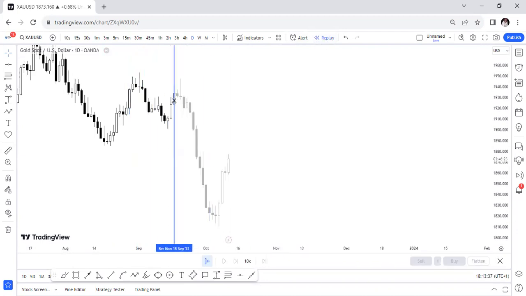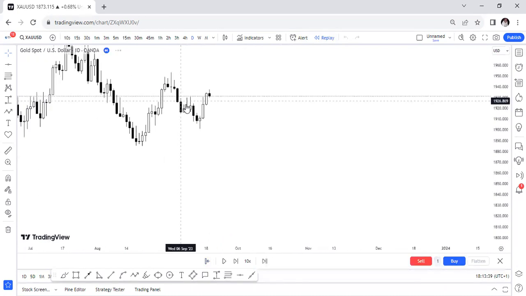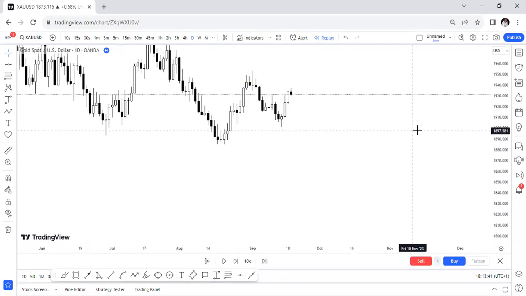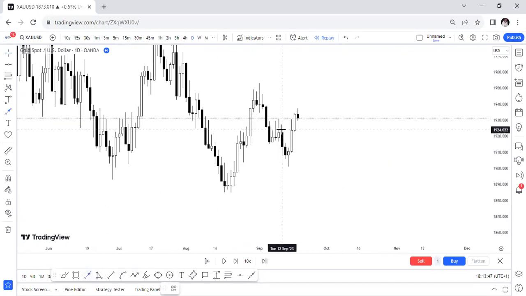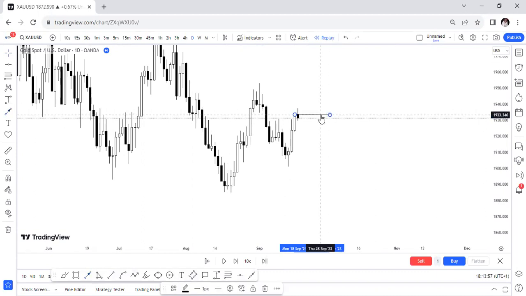Let's say we're here right now. If you newly come here, you want to discover a setup in this place. You know that this place has formed a fresh level of SNR, which is support.